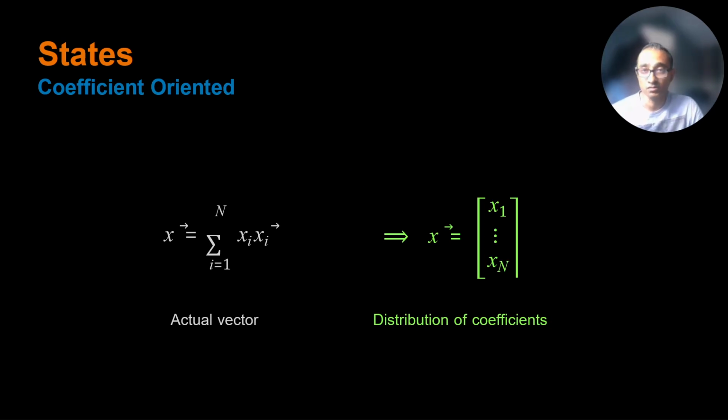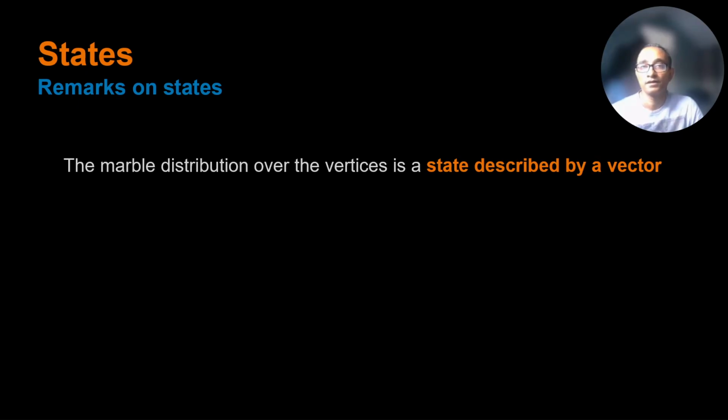You can extend this concept, as I said, to any number of coefficients. So for example, if you have more than 100, 200 or 500 coefficients, this distribution of coefficients can still help you formulate the vector which represents the state of the system with more coefficients.